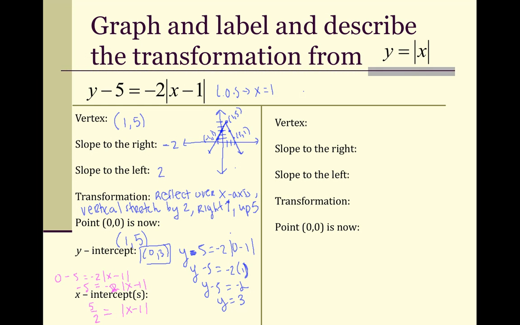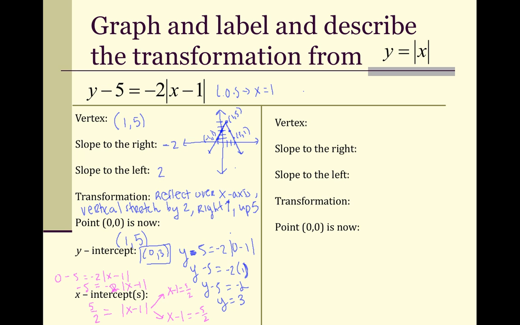So I really want you to think now. If I said the output of an absolute value was 3, I could have been taking the absolute value of 3 or negative 3, right? So really what you have here is I can break this off into 2. I can say x minus 1 is either going to equal 5 halves or it's going to equal negative 5 halves.